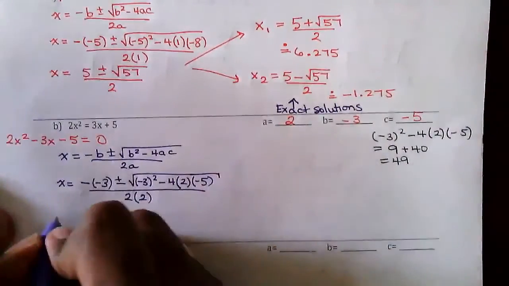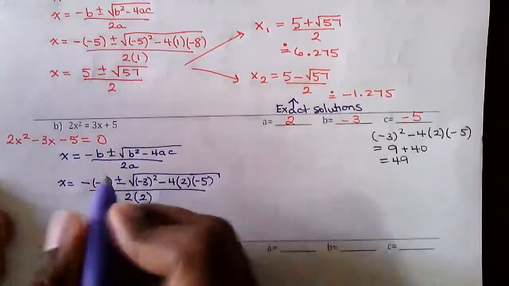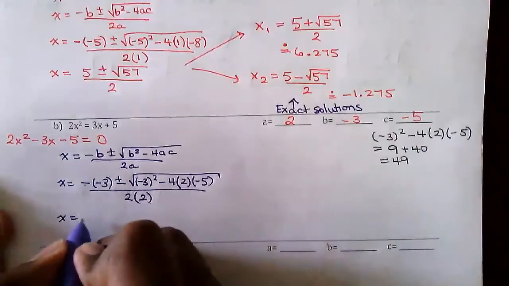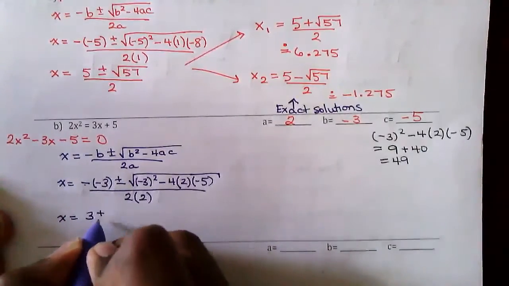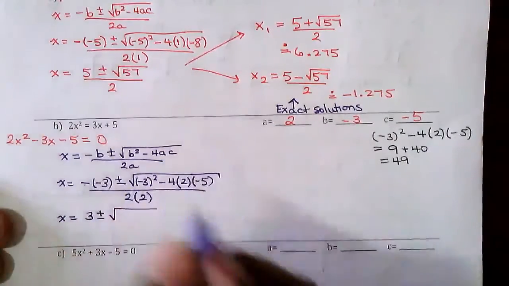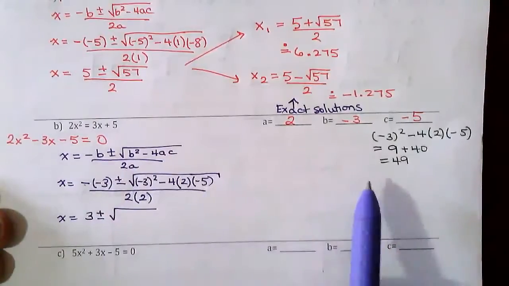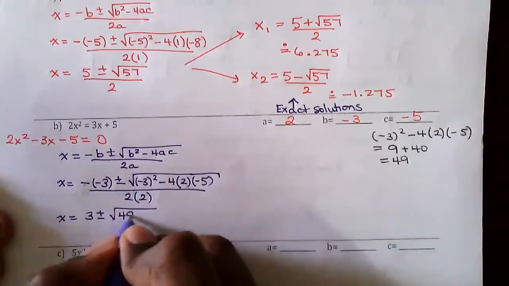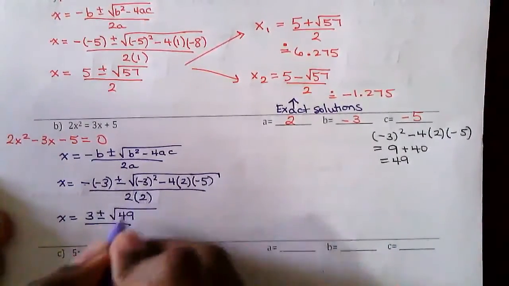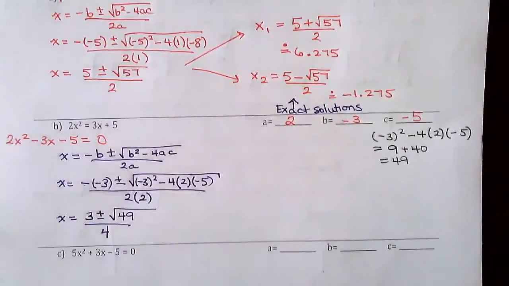So now I can replace that. So I have negative and negative 3, which is just positive 3, plus minus. I know everything underneath the square root gives me 49 divided by 2 times 2, which is just 4.